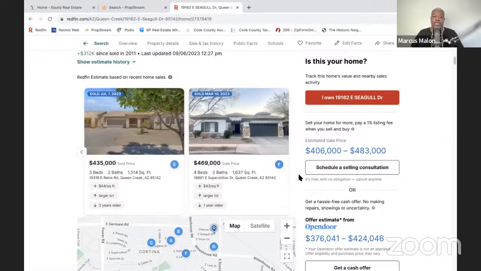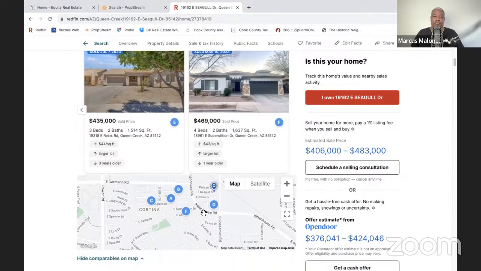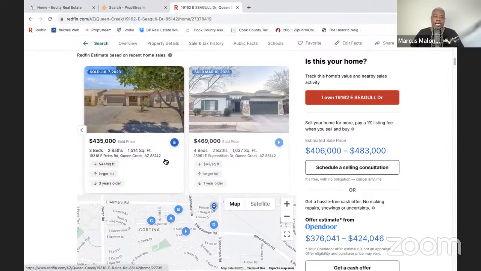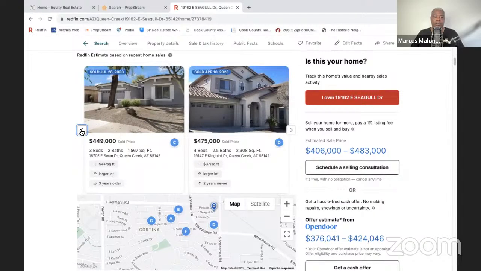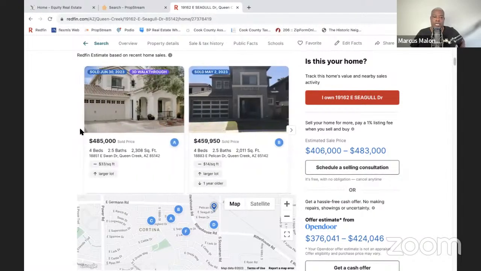Okay, so although we are crossing one major street here, we could possibly look at this as a comp with some deductions because this has an extra bedroom. We could possibly use this one as a comp. And that would possibly be it.